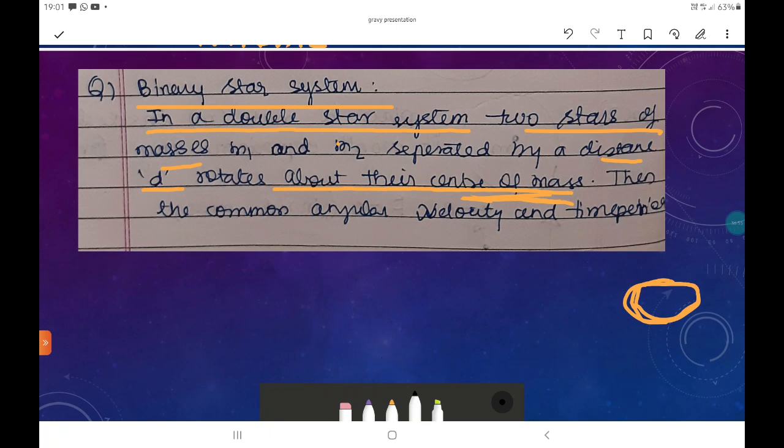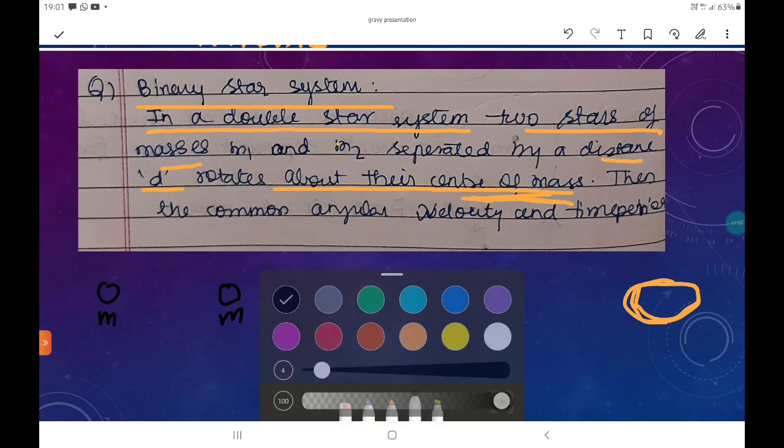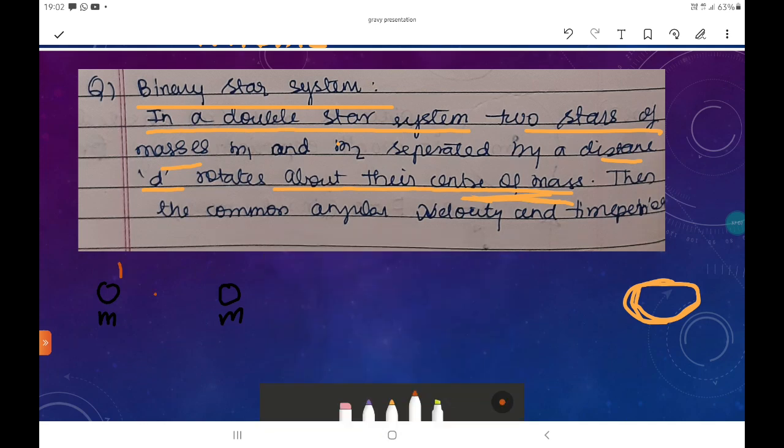So we will consider a star of mass m over here and the same star of mass m over here. Suppose the center point is the center of mass and the distance between them is d. How do you write gravitational force? G into mass upon d square. And what will be their centripetal force? mv square upon r. But here they are asking angular velocity, so instead of mv square upon r, I will take m r omega square. Now what will be r?